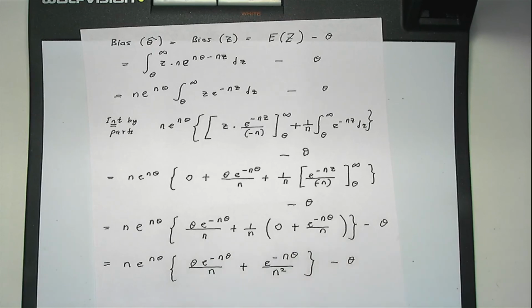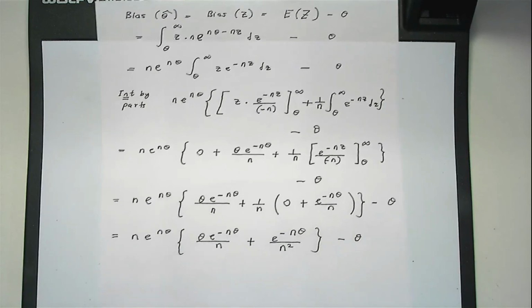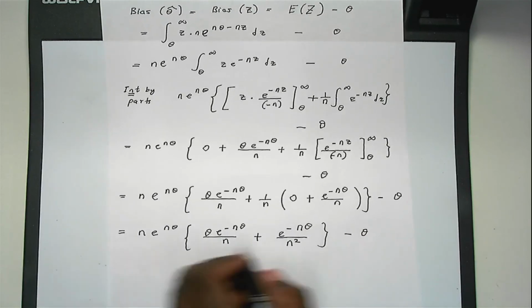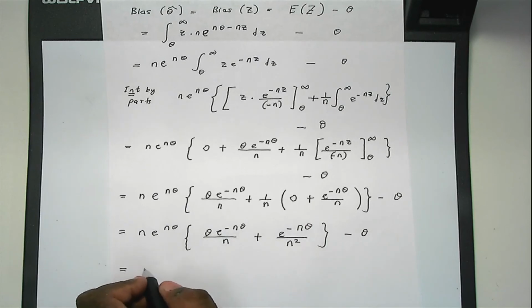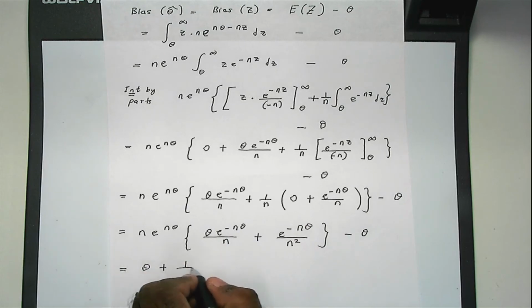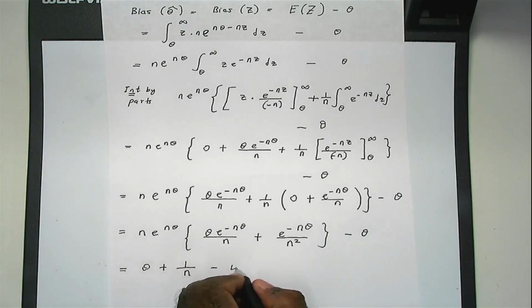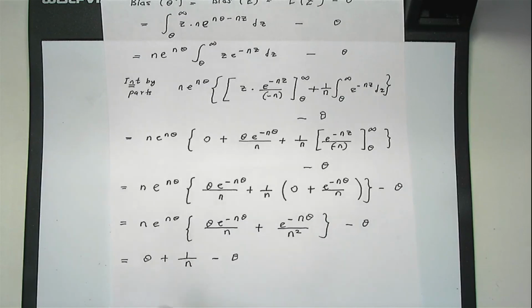So, I hope you follow me so far. This is theta plus 1 over n minus theta, which is equal to 1 over n.